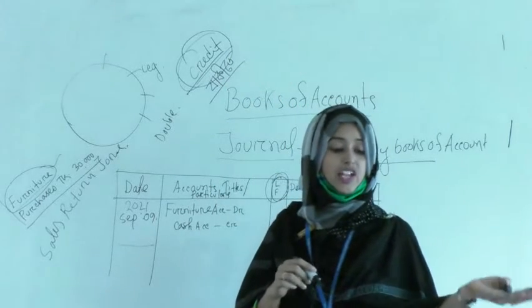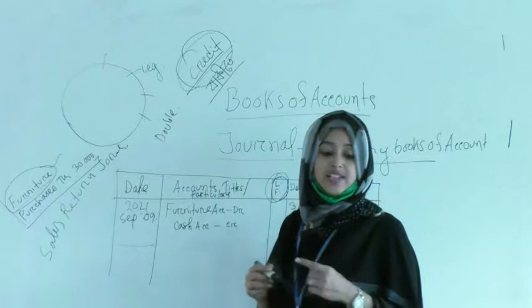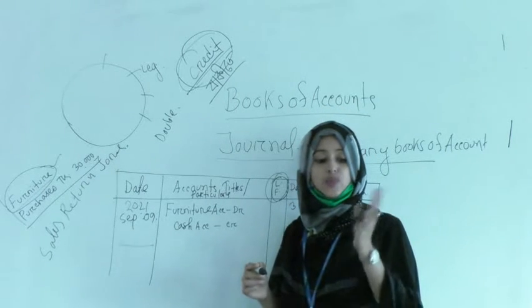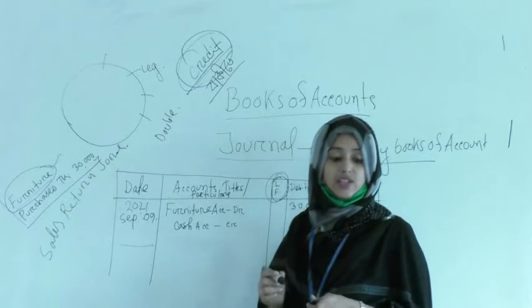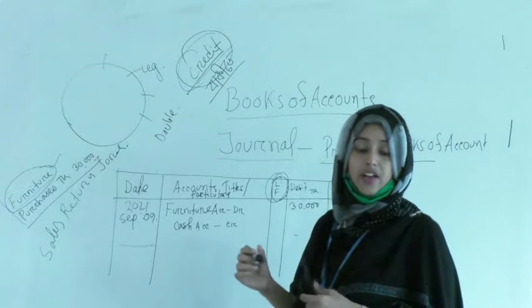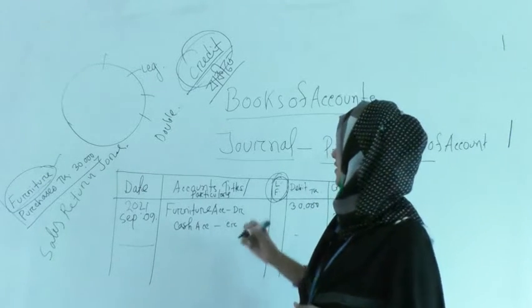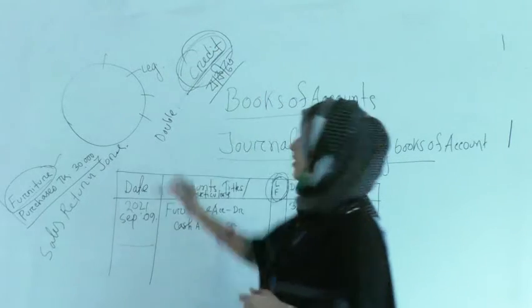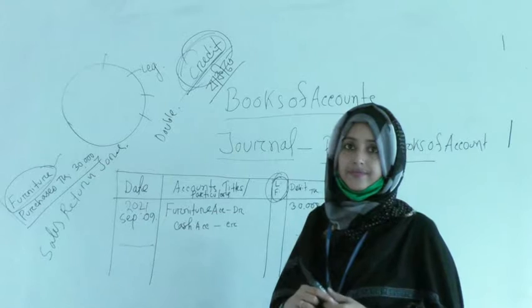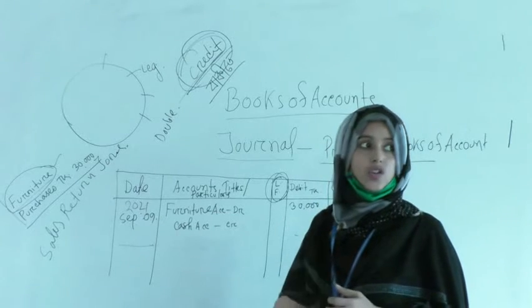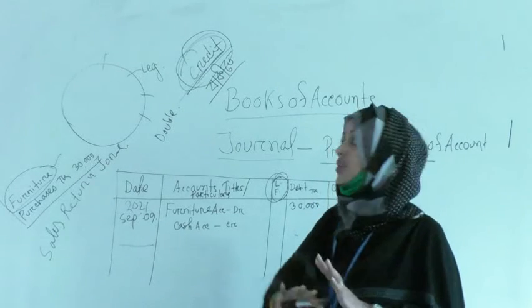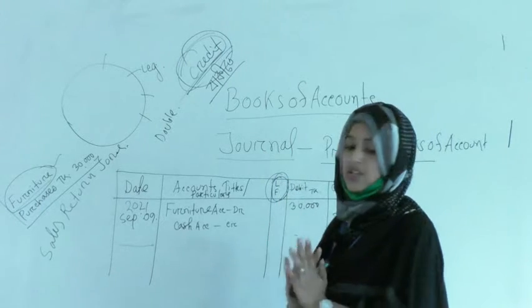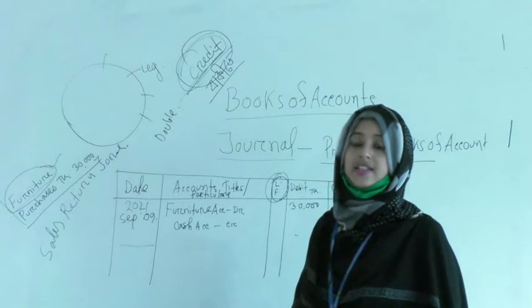Then what about the cash payment journal? The transactions that included cash payments, including cash goods purchase, are recorded in the cash payment journal, not related with credit. Clear? And what is called journal proper? Items not related to these are all recorded in journal proper.